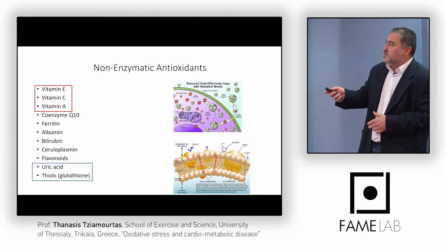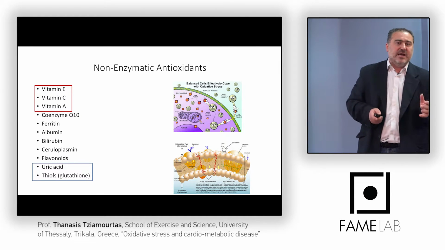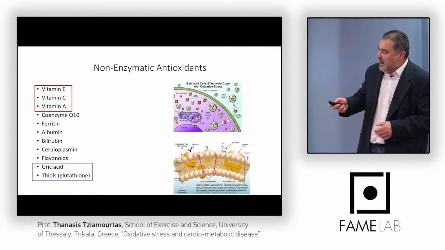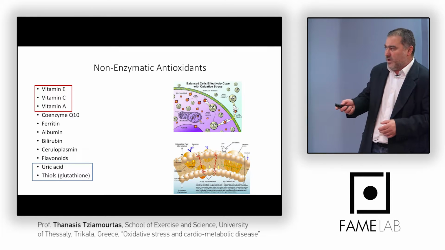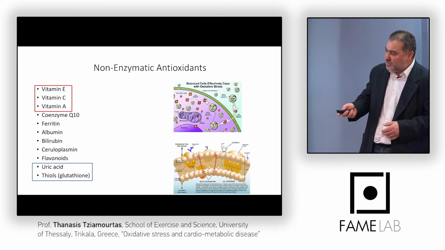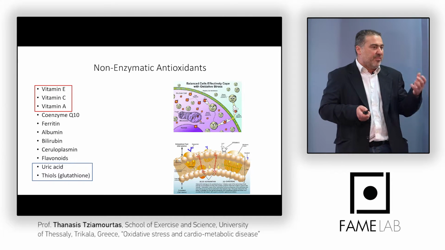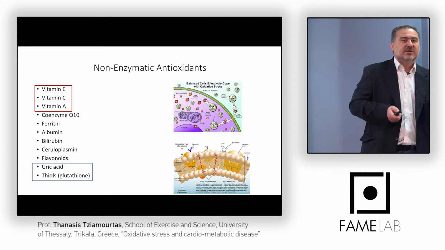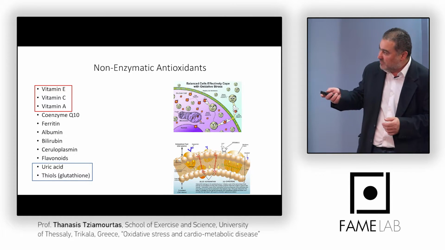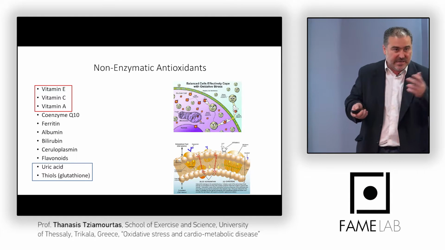And secondly, there are the non-enzymatic antioxidants, and there are different vitamins, coenzyme Q10, for example, ferritin, albumin, bilirubin, ceruloplasmin, flavonoids, uric acid, and thiols. And I present here vitamin C, vitamin E, and A, which are thought to be antioxidant vitamins, and I'm going to talk about vitamin E and vitamin C later on.